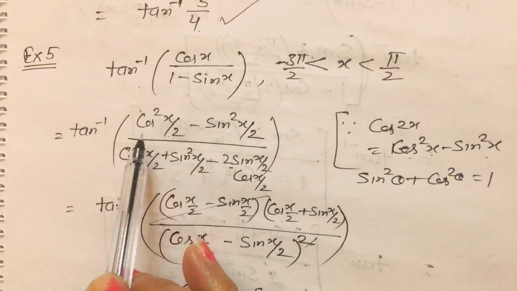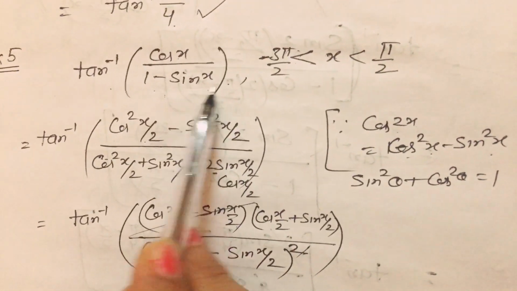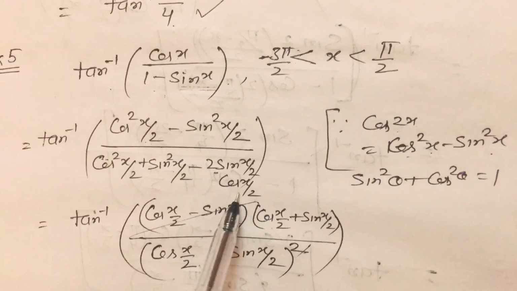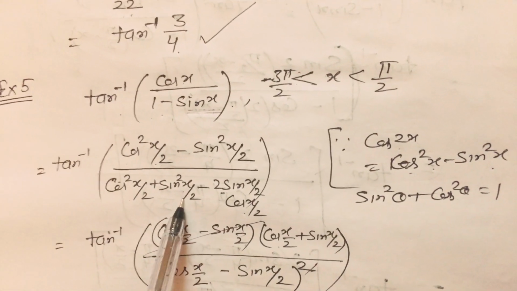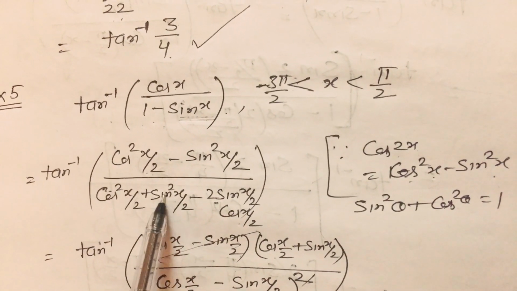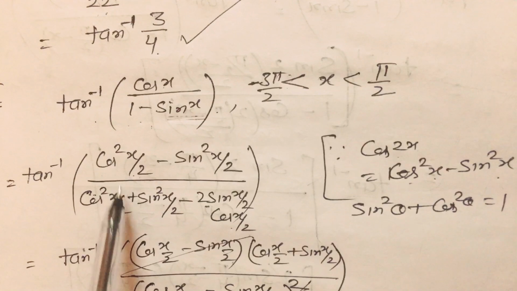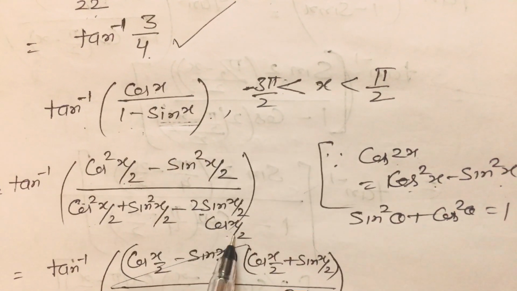So we can write this as cos square x/2 minus sin square x/2 upon sin x, which is 2 sin x/2 cos x/2, and 1 is sin square theta plus cos square theta, so here we use x/2. So cos square x/2 plus sin square x/2, and we know the identity a square plus b square minus 2ab.